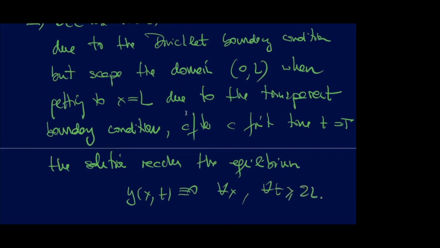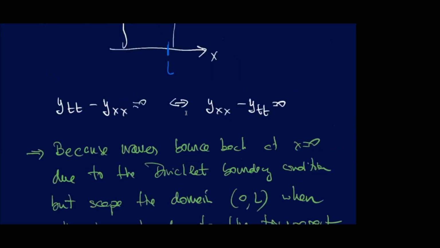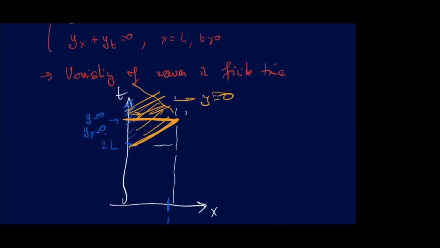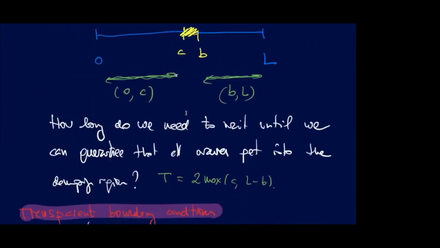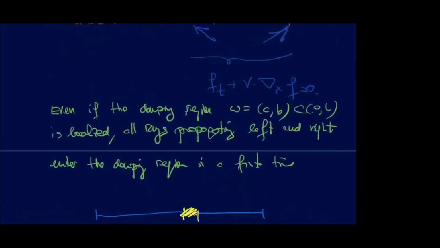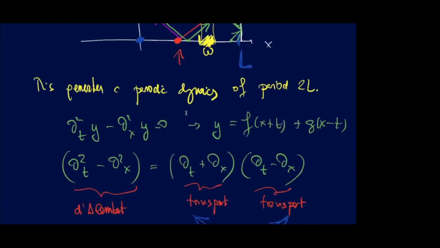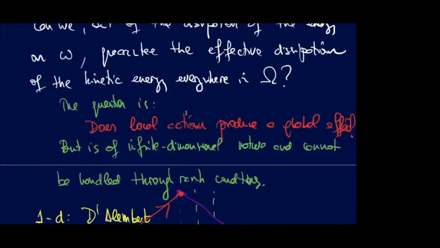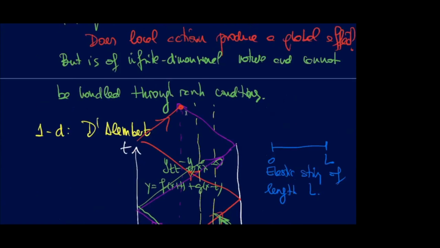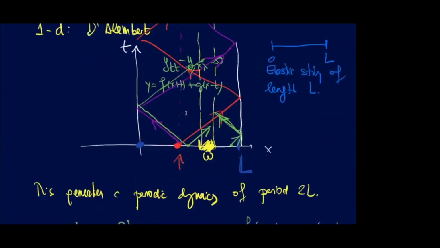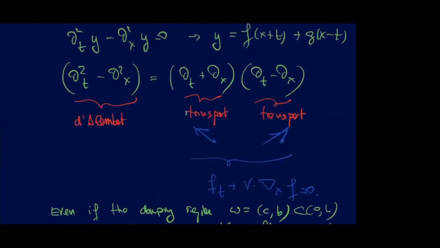So you see here the reason why the boundary condition is called transparent. Some people call it also perfect boundary condition. So this is the transparent boundary condition or perfect boundary condition. Okay, so this is a one-dimensional example.